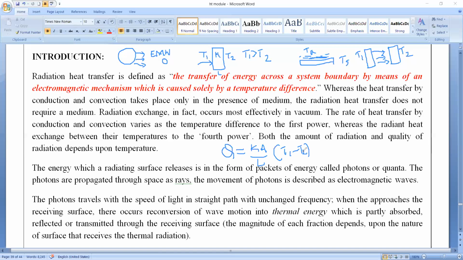A little consideration shows that the rate of heat transfer Q depends on the first power of the temperature difference.